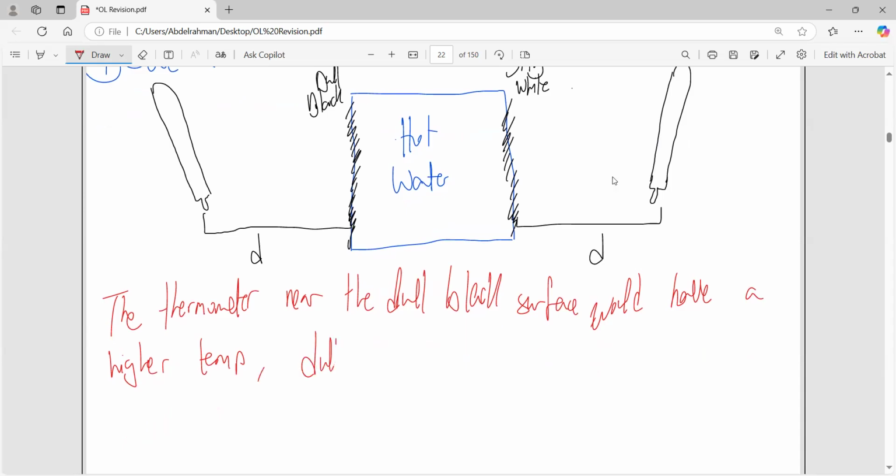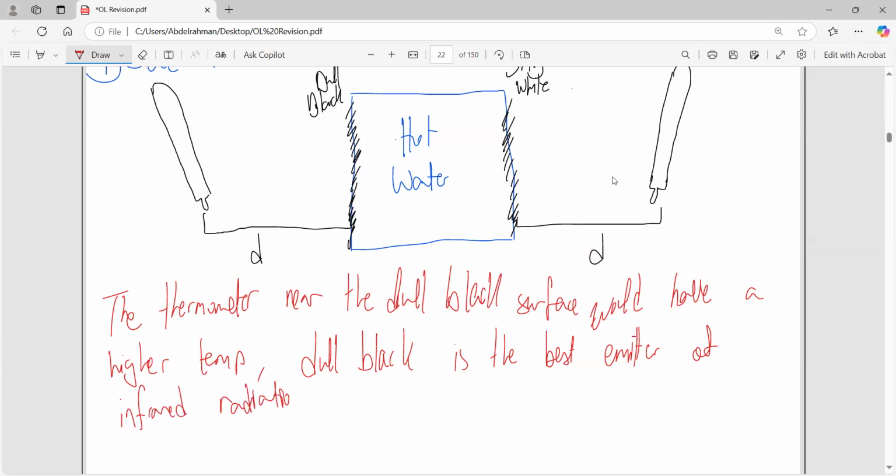Why? Because dull black, in this case we would say, is the best emitter. Not of heat. You cannot say that it's the best emitter of heat. It is the best emitter of infrared radiation.